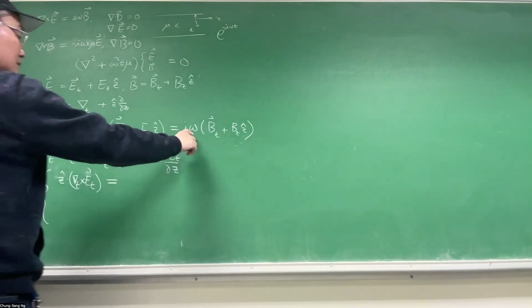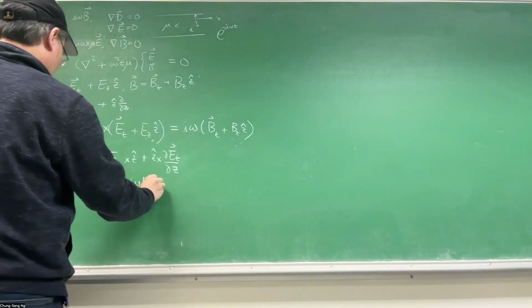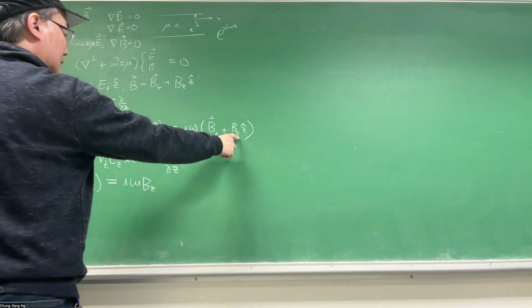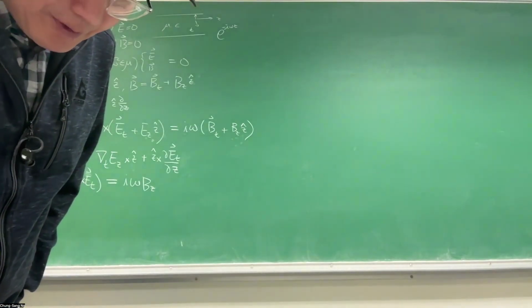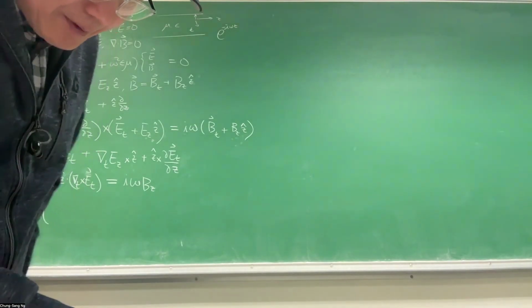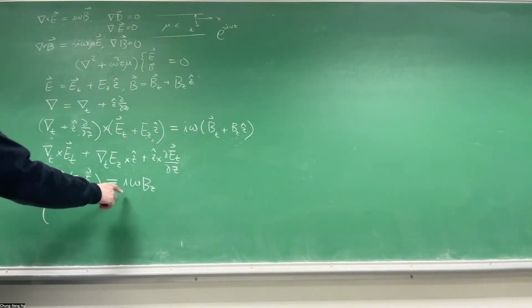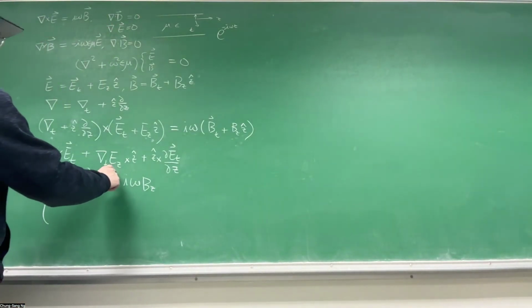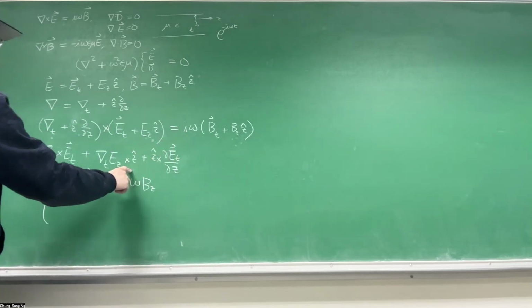That one. The right hand side is i omega B_z. That's straightforward. Right? So that should be the second equation of 8.23. See that? That's good enough. And then the other equation is the transverse one.